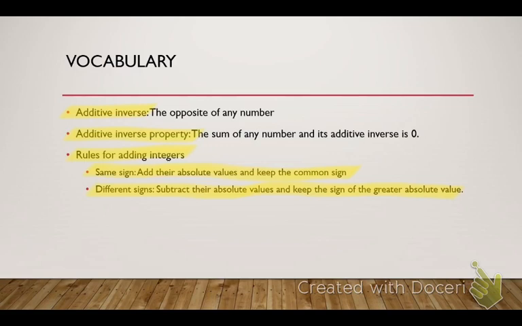So we're going to take just a minute to write down these notes. It's all important. That's why I'm highlighting all of it. The additive inverse is the opposite of any number. I'll give you a minute to copy it down, then we're going to talk about each one of these.